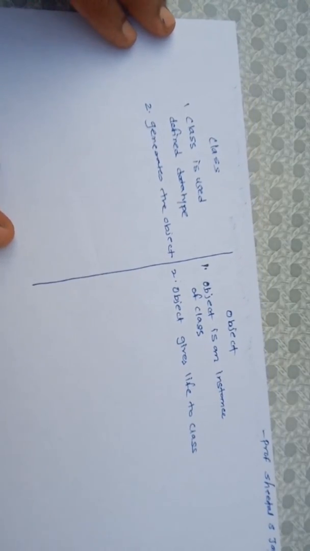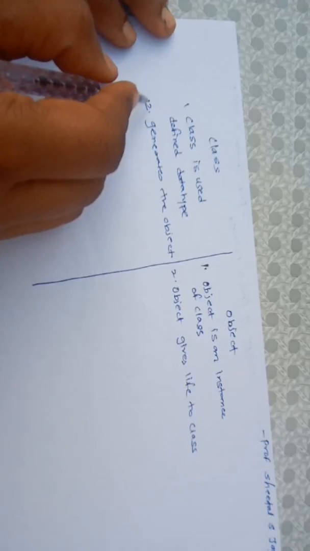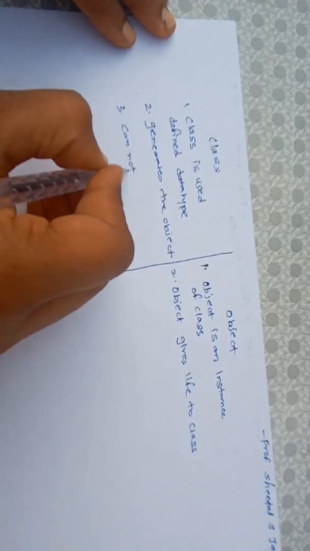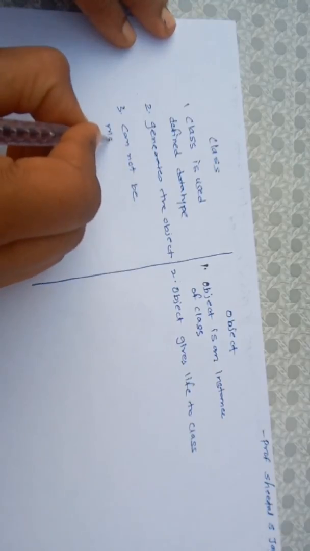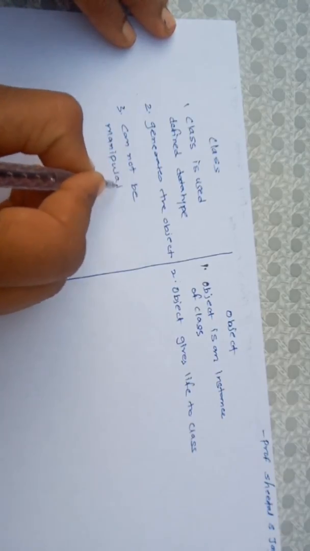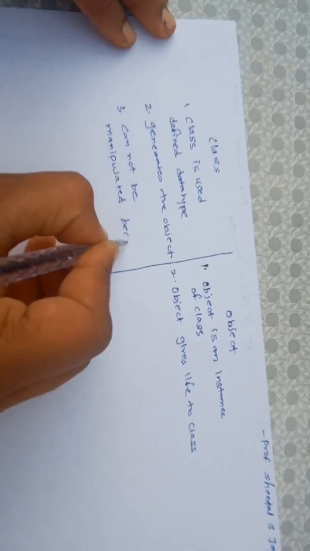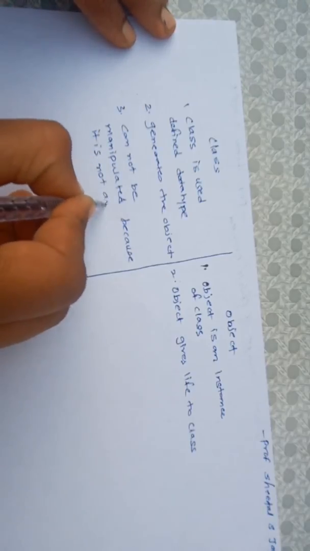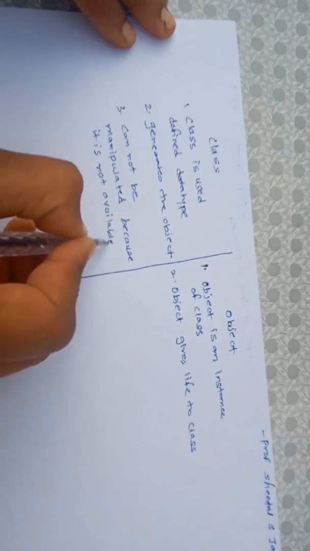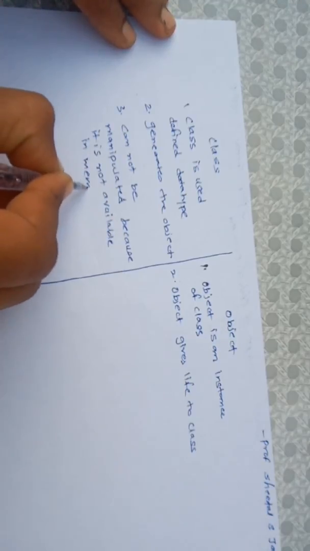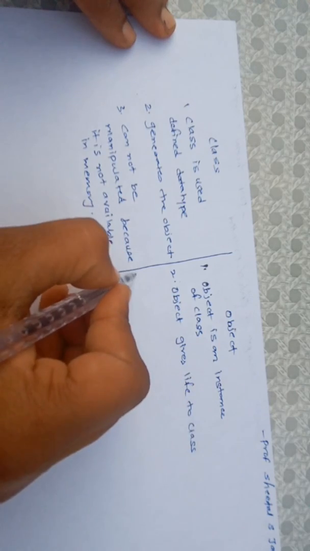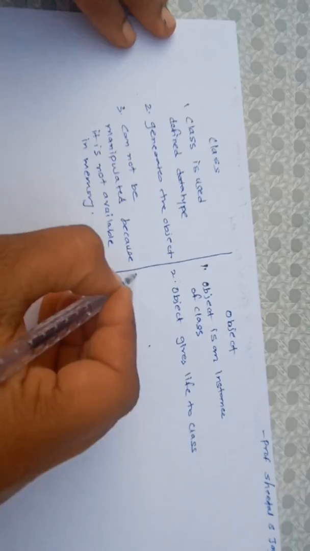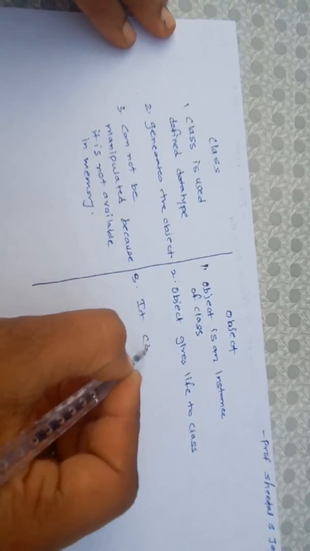Class cannot be manipulated because it is not available in memory, whereas an object can be manipulated and it can access space in memory.